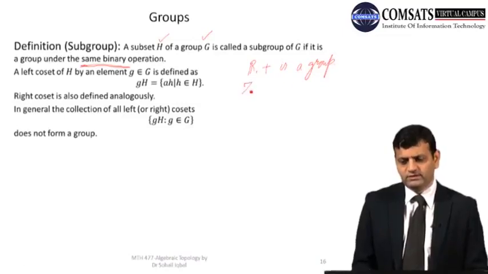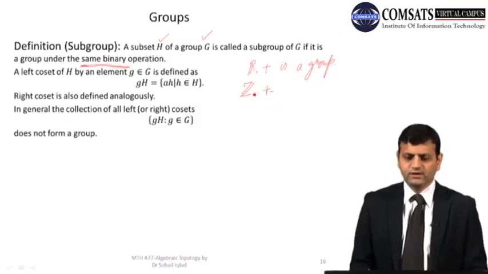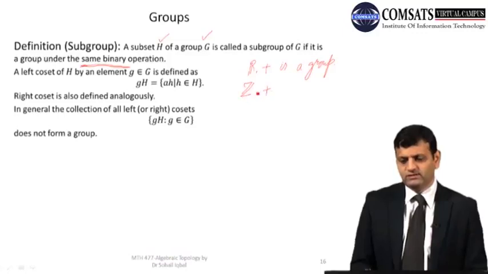Now let's consider the set of integers under addition. We can observe that if I add any two integers, then the result is also an integer. So addition is a binary operation on Z. Similarly, it also satisfies the associative law, which means if I add three integers in any order, there will be no change in the result.